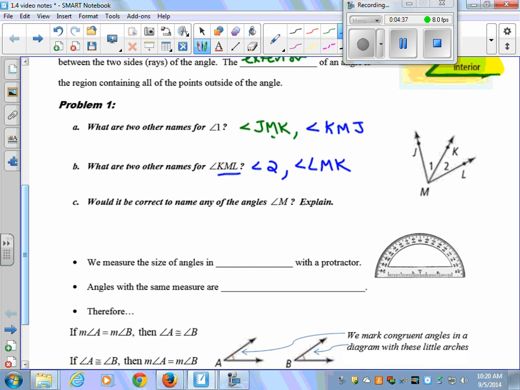Okay, would it be correct to name any of the angles in this diagram angle M? And in this case, no, because angle 1 and angle 2 both have point M as their vertex.